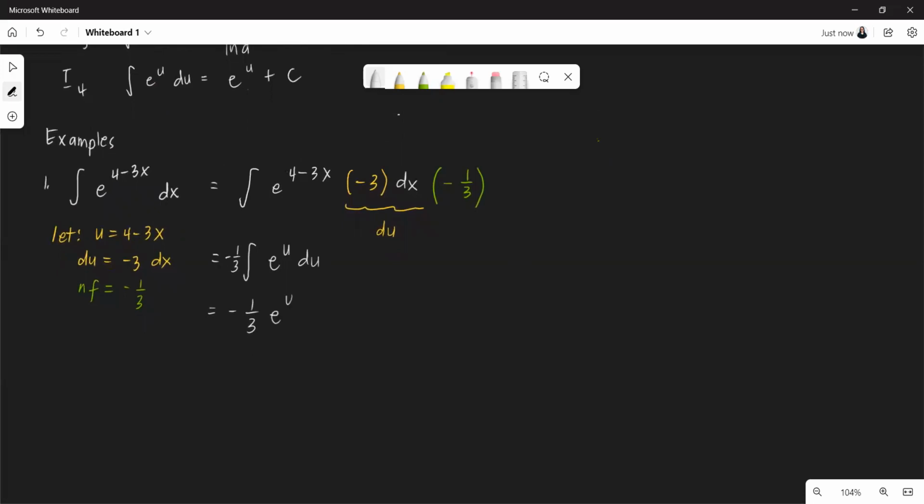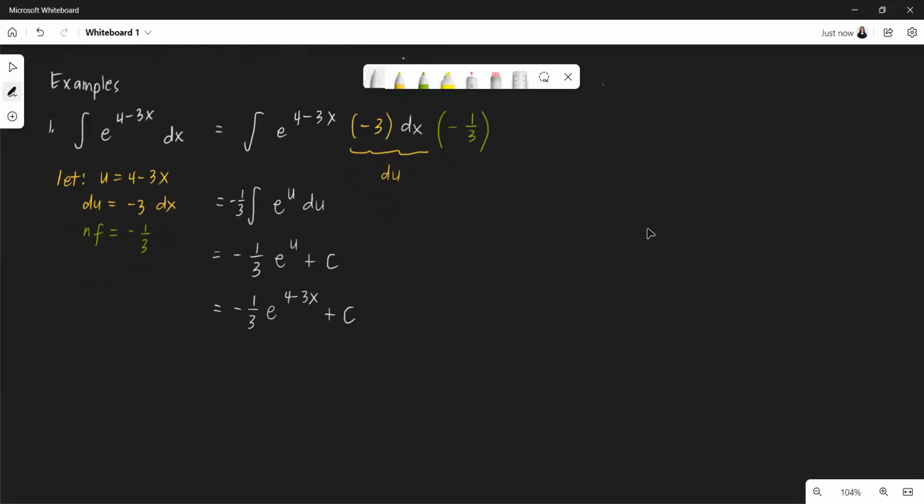So e raised to the power of u plus c, and then don't forget to go back to the original variable of integration, which is x. So you put 4 minus 3x instead of u, and then don't forget the constant of integration.